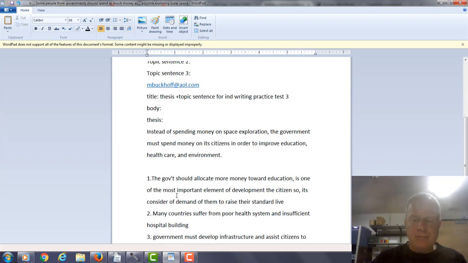You might say here, one of the most important elements of development in its citizens, maybe period, to raise their standard of living.